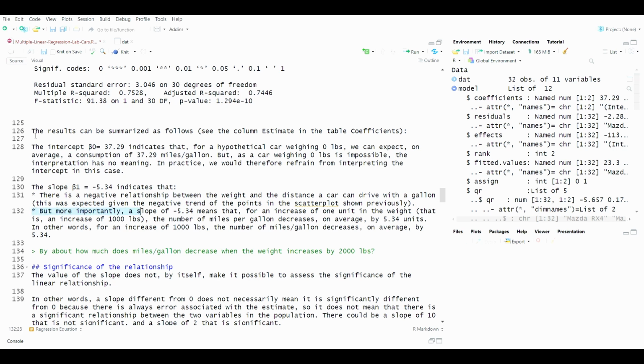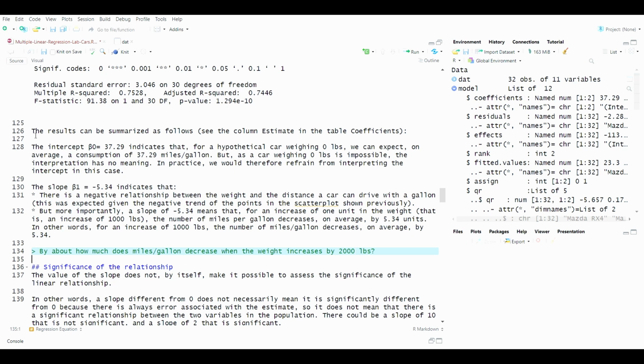But more importantly, a slope of negative 5.34 means that for an increase of 1 unit in the weight, that is, an increase of 1,000 pounds, the number of miles per gallon decreases on average by 5.34 units. Now, up to you to decide this.